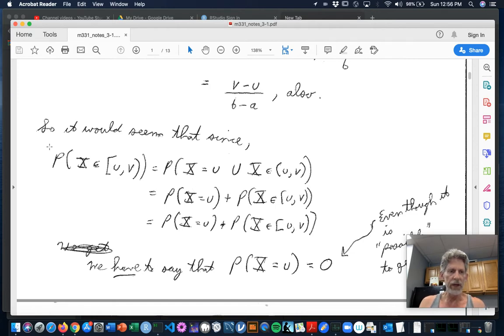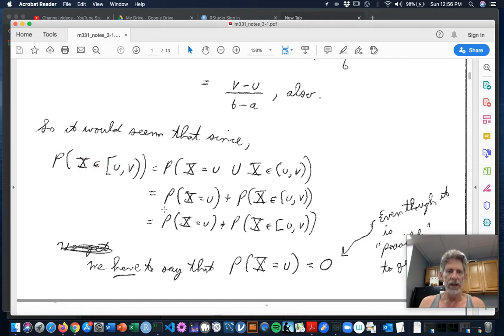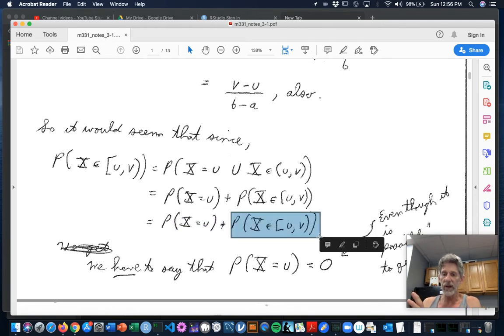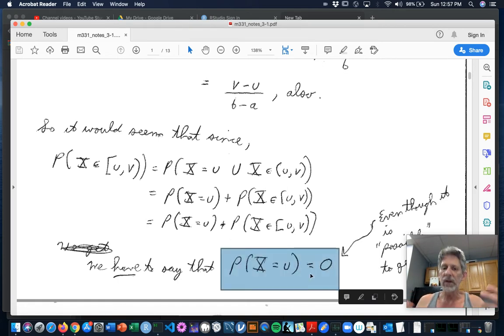And now I've got an equation that says the chance that X is in the half-open interval is the probability that X is U plus the same chance that X is in the half-open interval. Subtract the chance that X is in the half-open interval from both sides of that equation, and you're left with the probability X equals U has to be 0.